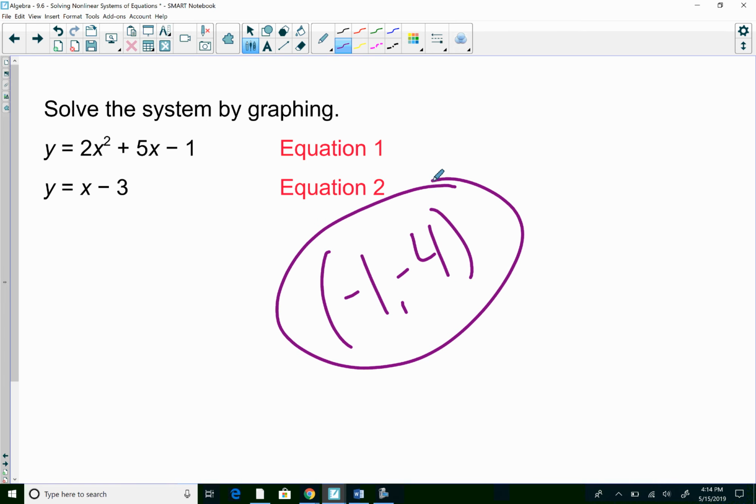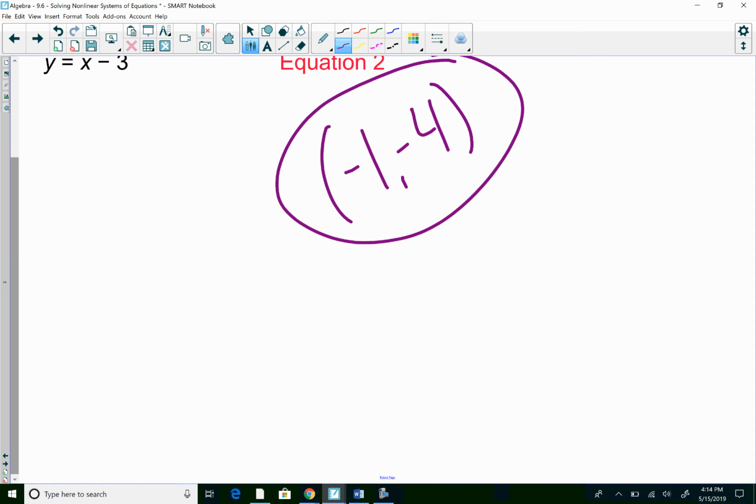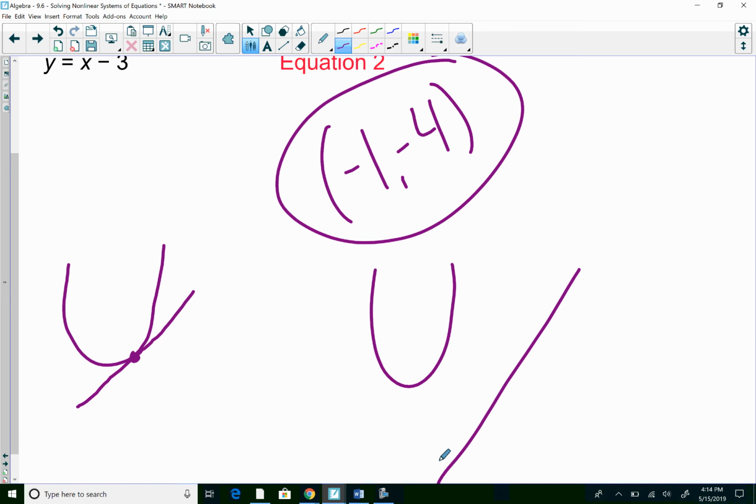Just another quick thing, you guys. When you have one solution, it's saying that they just intersect at one point, like this system of equations does right here. You may also have no solution. That means you would have your quadratic over here and your linear over here.